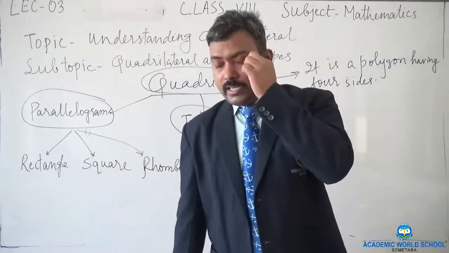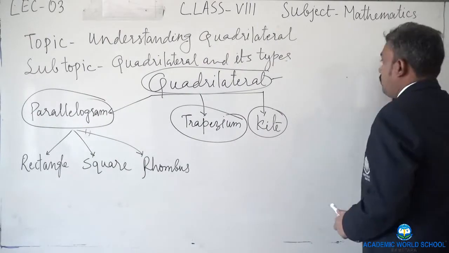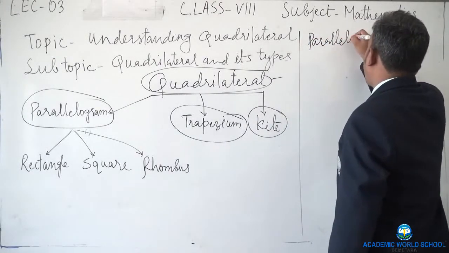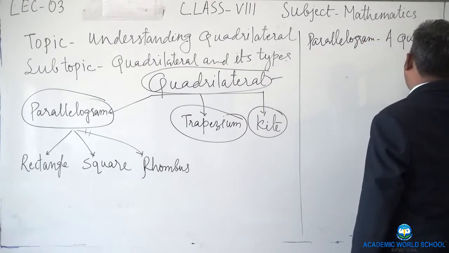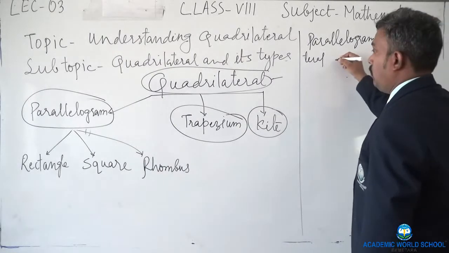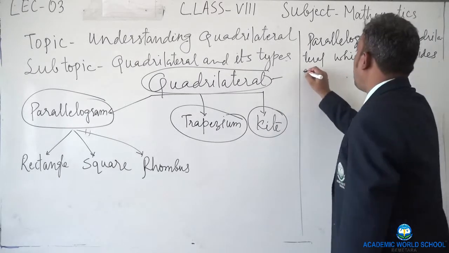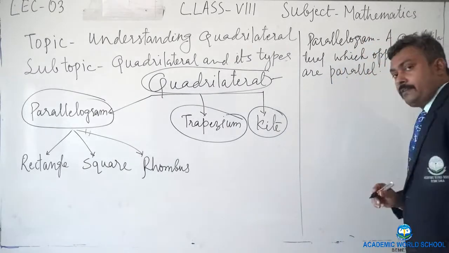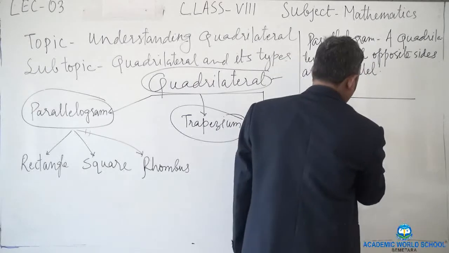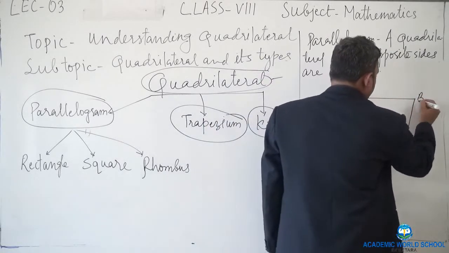So first let's talk about parallelogram. It's the first type of quadrilateral. A parallelogram is, from the definition, a quadrilateral whose opposite sides are parallel. Remember that. For example, see this.